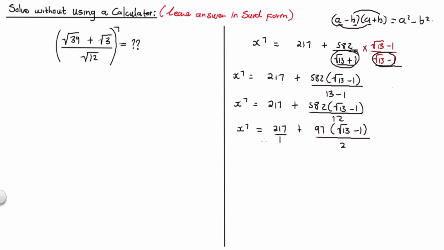So we multiply 217 by 2 over 2 so that the denominators are the same, and then we can add the numerators.